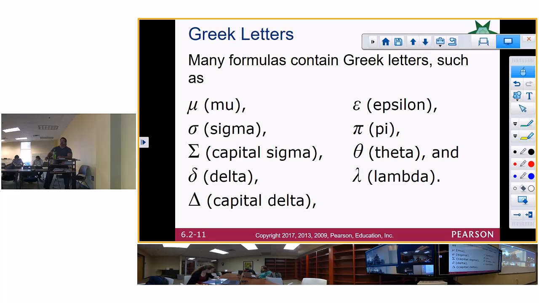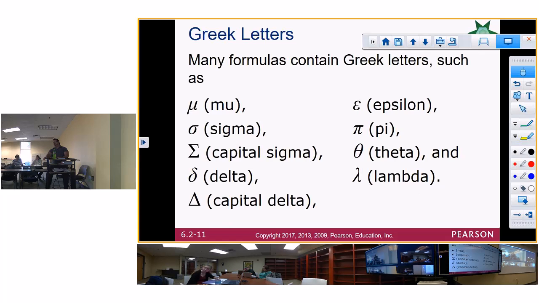Delta is a O with a super pompadour on it. Uppercase delta, you see that usually in chemistry. Any kind of science, you'll see that uppercase. Delta means difference. Like if I'm 53 and you're 23, what's the difference? So that would be delta.